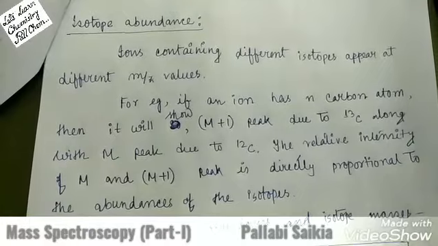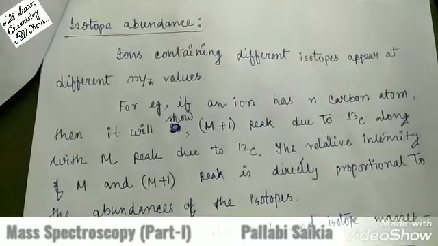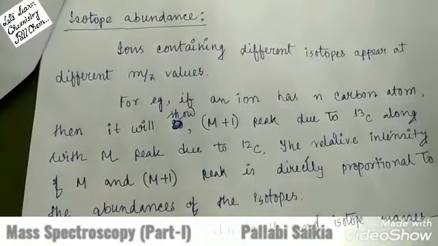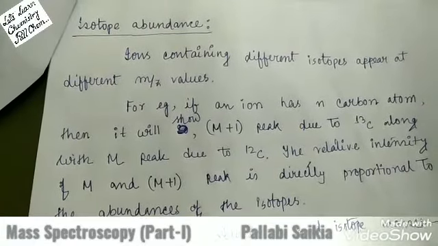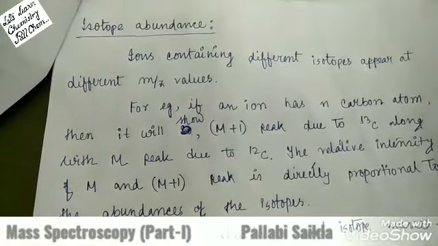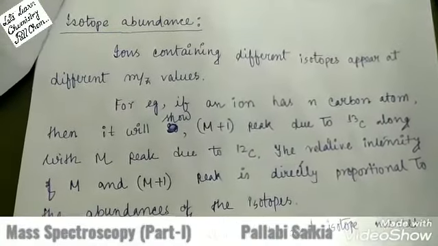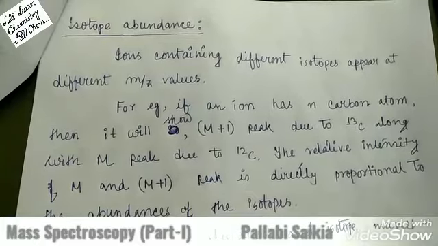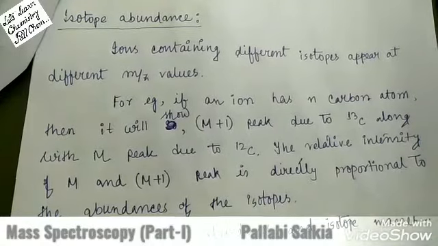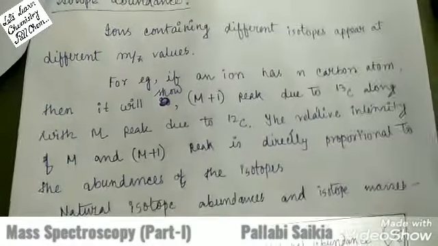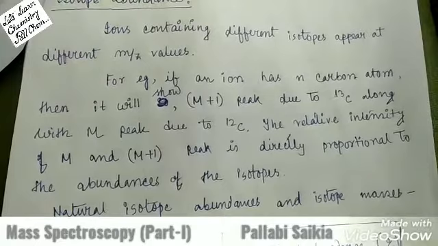Next, isotopic abundance. We already know that the intensity of the peak is directly proportional to the abundance of the ion. If a molecule has n carbon atoms, then it will show an M peak due to its 12C carbon, and it will show an M+1 peak also due to its isotope, that is 13C. The intensity of the M and M+1 peaks will depend on the natural abundance of the isotopes.